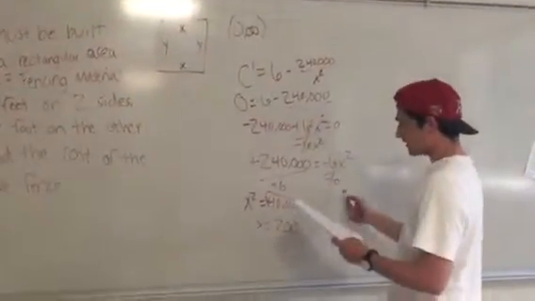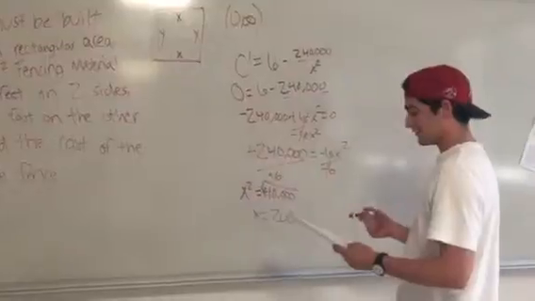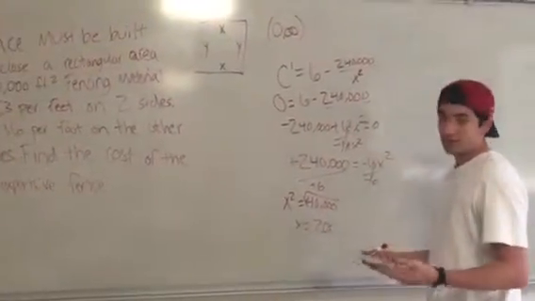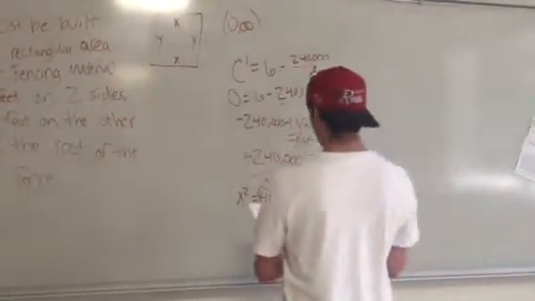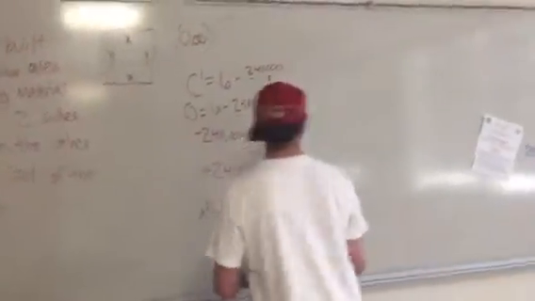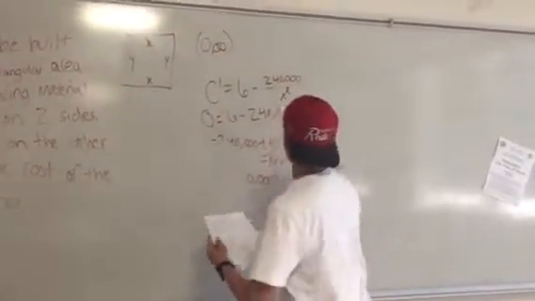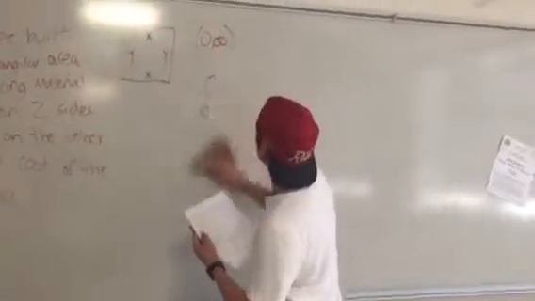Now we show that the function C has a minimum at x equals 200 by using the second derivative test and the critical point theorem. Now we know how we got x.